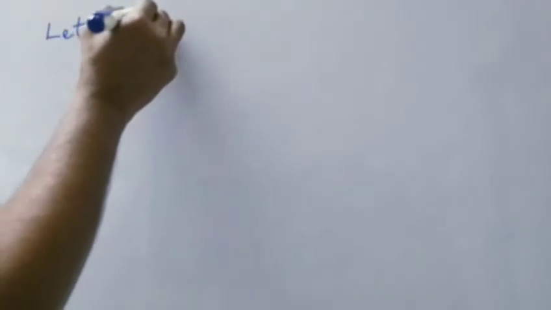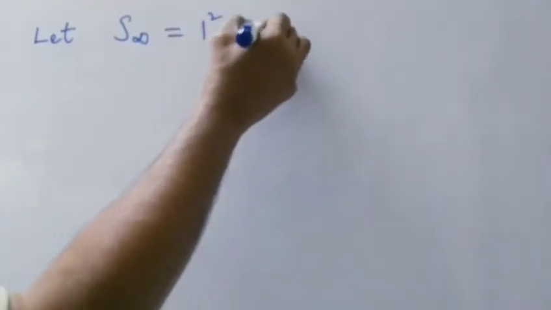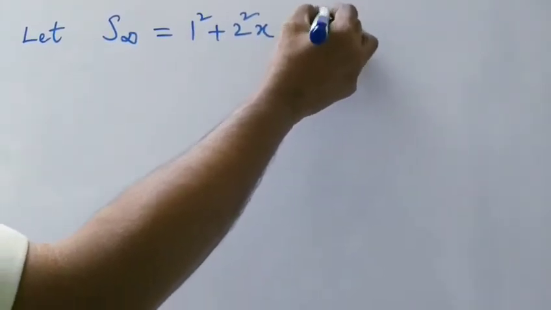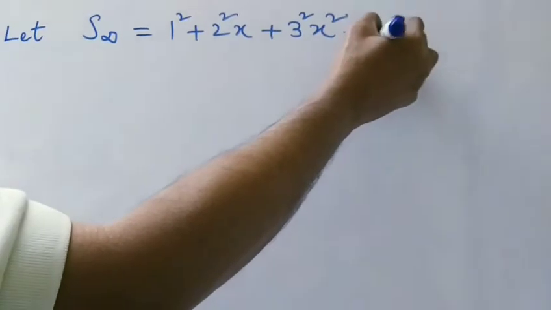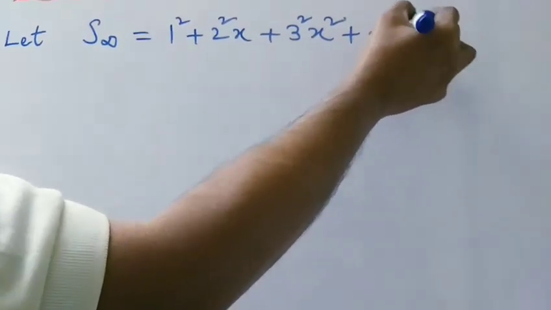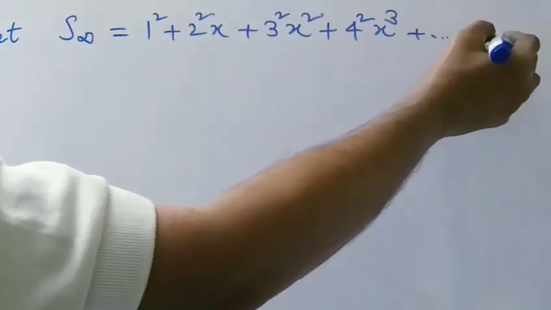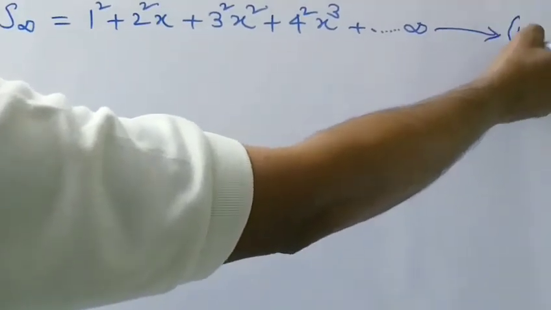Let the sum to infinity S infinity be equal to 1 square plus 2 square into x plus 3 square into x square plus 4 square into x cube plus and so on up to infinity. This indicates the first one.